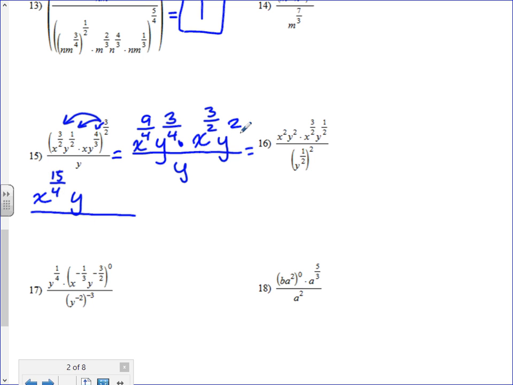What's 3/4 plus 2? Where did 2 come from? 12 over 6. 12 divided by 6 is... I'm still waiting. What's 3/4 plus 2? There it is.